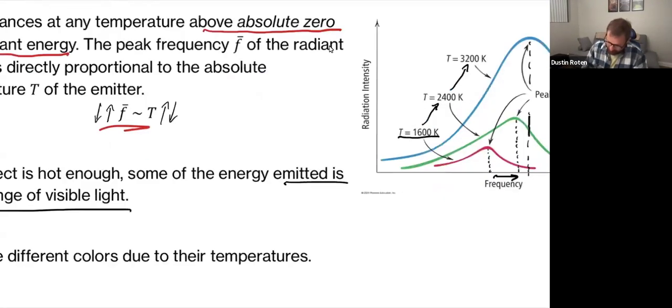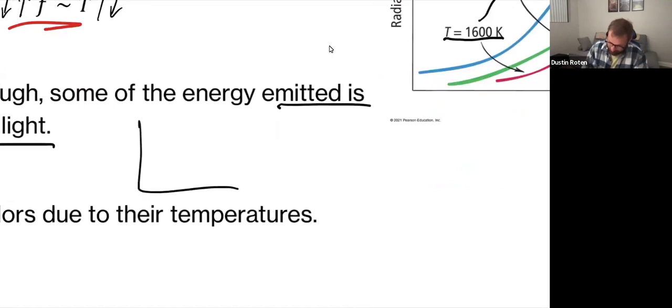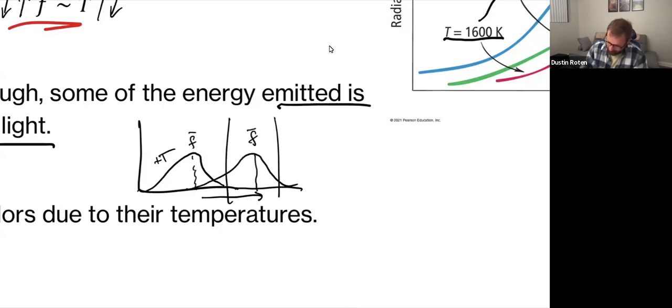Maybe your initial distribution is here, and this is your peak frequency. But if you add enough temperature, you can get a new peak frequency that's in the range of visible light.